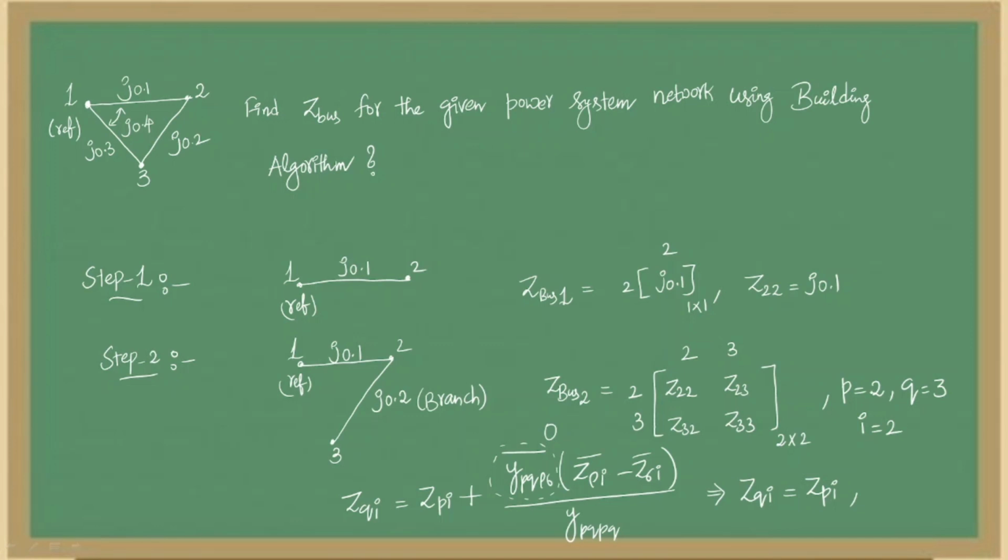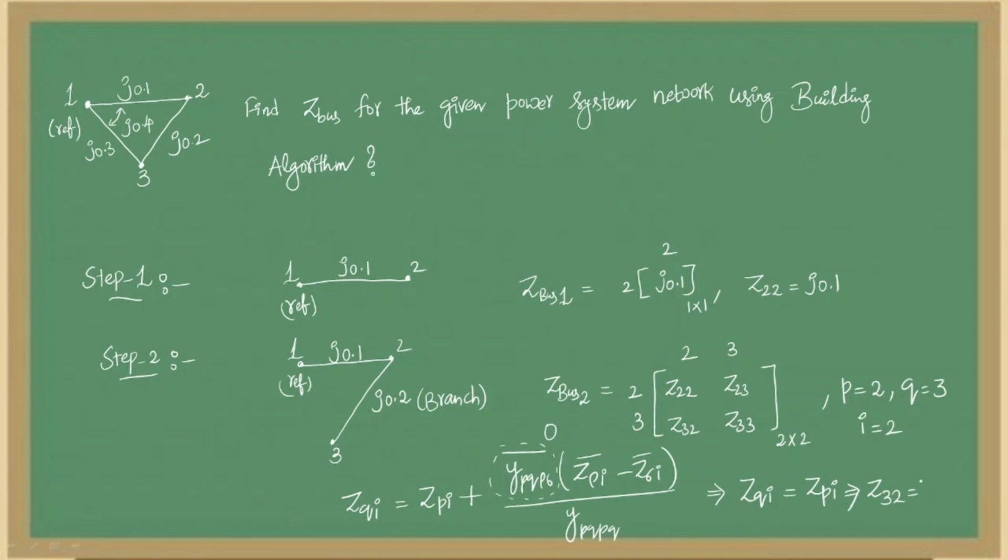Now, substituting P, Q and I in this mathematical equation, you will get Z32. We know that ZQI is same as ZIQ because they are bilateral elements.